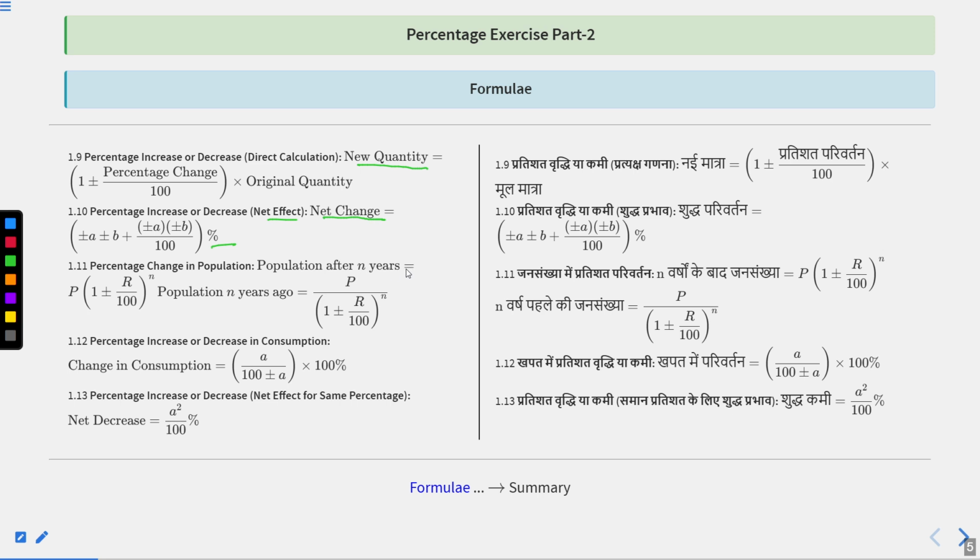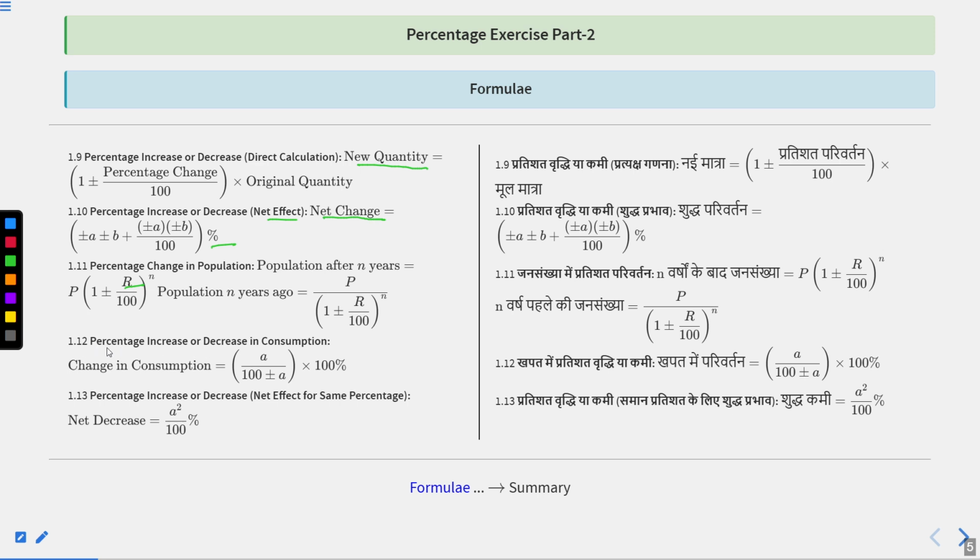Population after n years is P times 1 plus or minus R upon 100, to the power n, where R is the rate of change in percentage and n is the number of years. Population n years ago is P upon 1 plus or minus R upon 100, to the power n, where again R is the rate of change and n is the number of years.